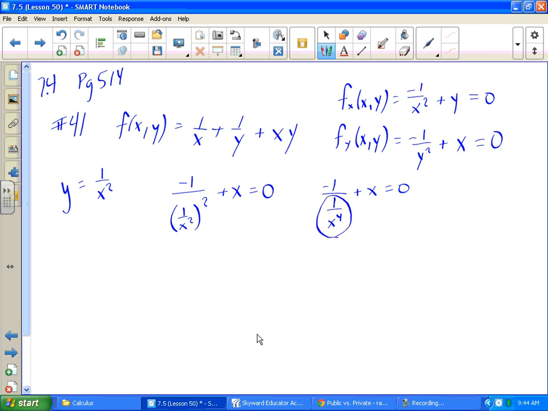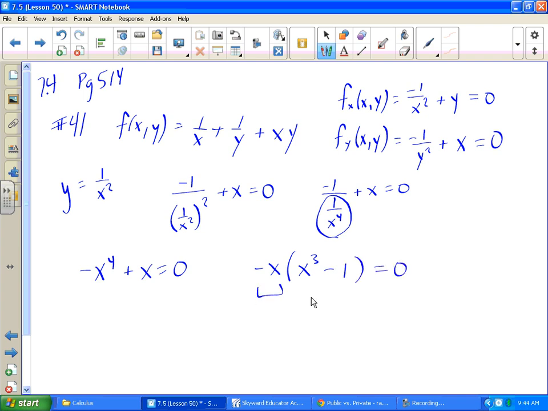So what would I get? Negative x to the 4th. So I have negative x to the 4th plus x equals 0. And then I'm going to try to factor this. What factors out of both? X or negative x, I think will be easier here. So I would have x to the 3rd and then minus 1.